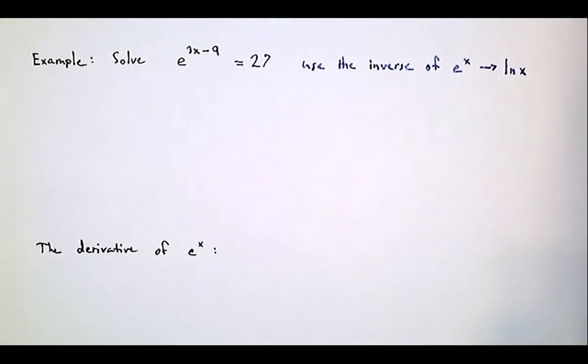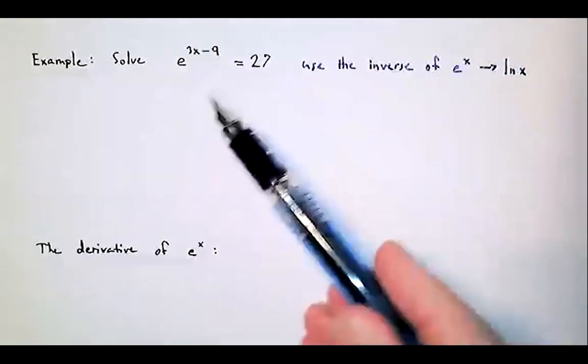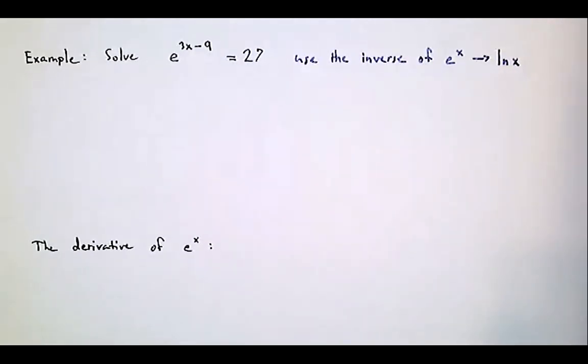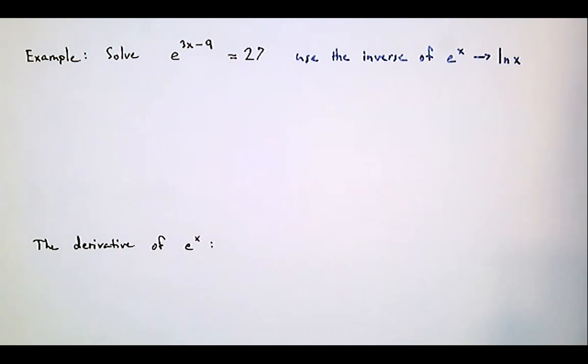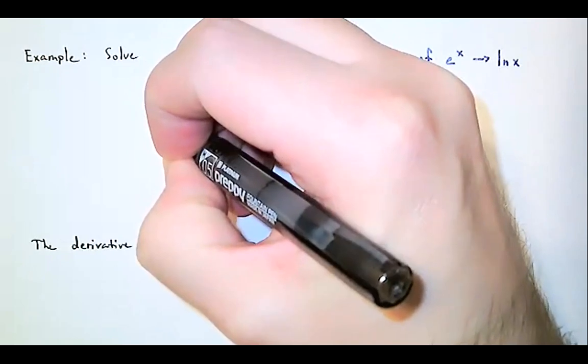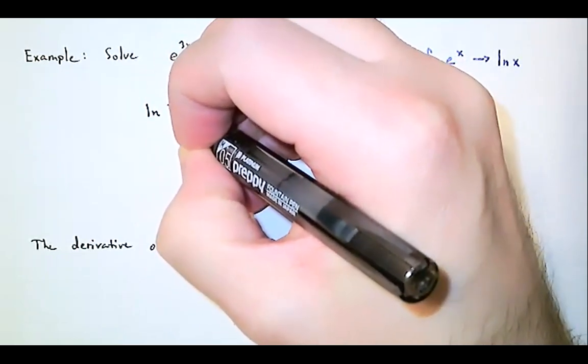So what we have to do is take the natural logarithm of both sides of this equation. And you've probably seen this before in an algebra class or a pre-cal class, something like that. So this shouldn't be unfamiliar.